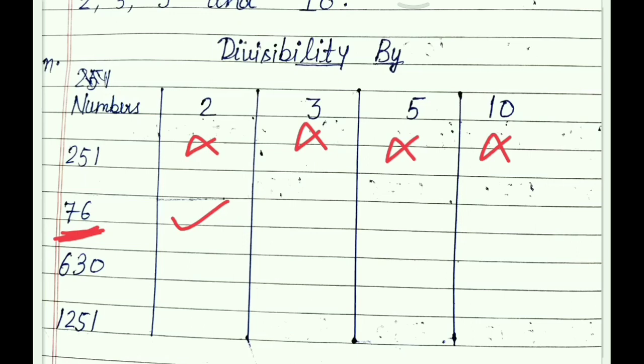Correct. By 3, simply 7 plus 6, sum of the digits 7 plus 6 is equal to how much, 13.